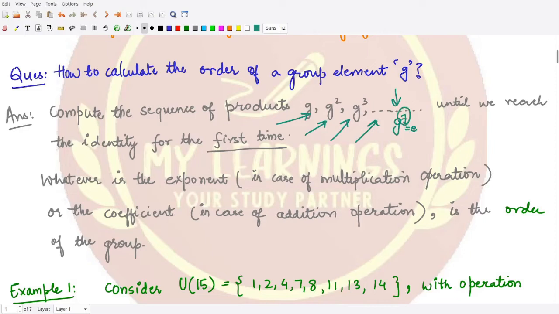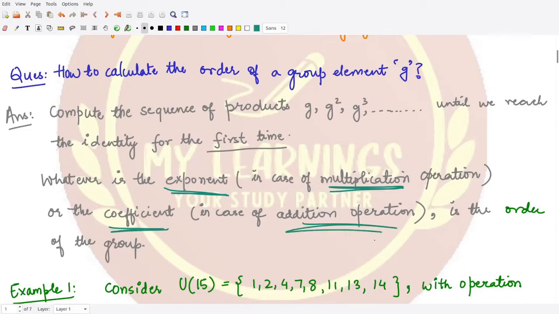Then this 7 would be your order. So we keep on doing this until we reach the identity for the first time. Whatever the exponent is if we are multiplying, or the coefficient if we are adding, that smallest integer would be the order of the element.